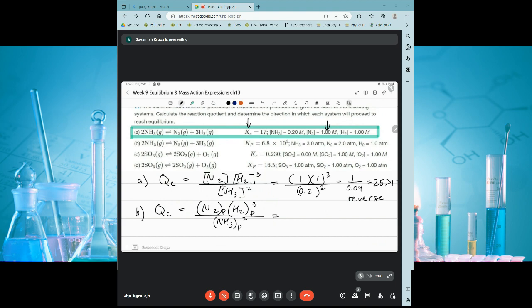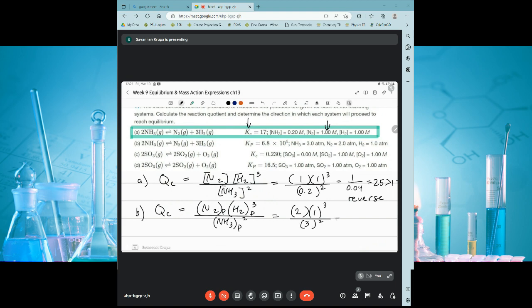So when we're doing this, instead of concentrations, we are just using pressures, so it's the same thing. So for the nitrogen gas, we have 2 atmospheres. And then for the hydrogen gas, we have 1 atmosphere raised to the power of 3. And the pressure of the NH3 is going to be 3 raised to the power of 2.